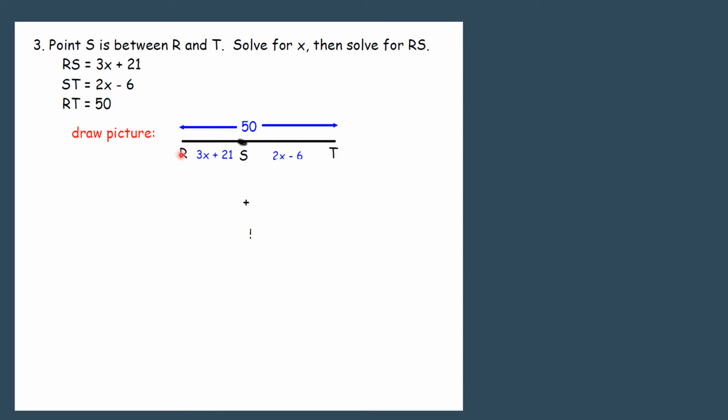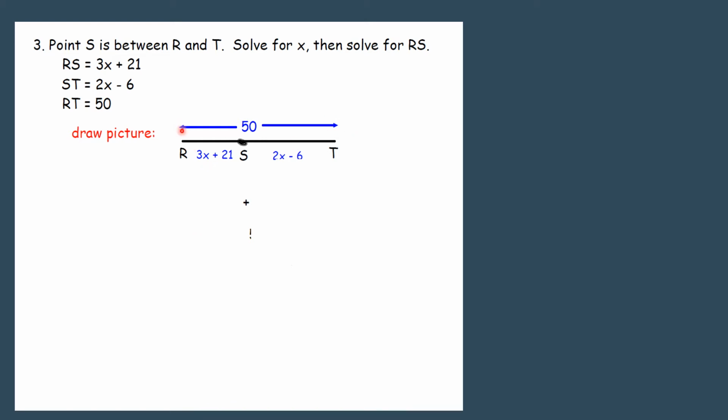So you'll notice that the segment R to T is in black. So this is the picture of our segment. I went ahead and did the numbers in blue. So I know it's kind of confusing. I probably should have done this a little differently. I put arrows here, which we know means go on forever, but that's not the case here.